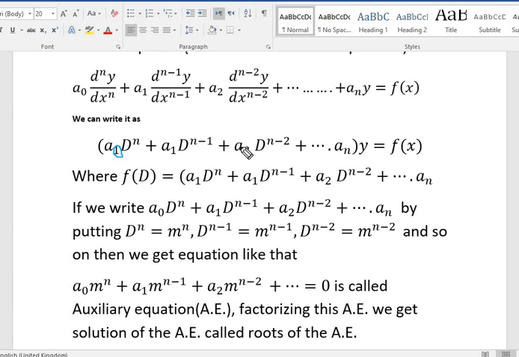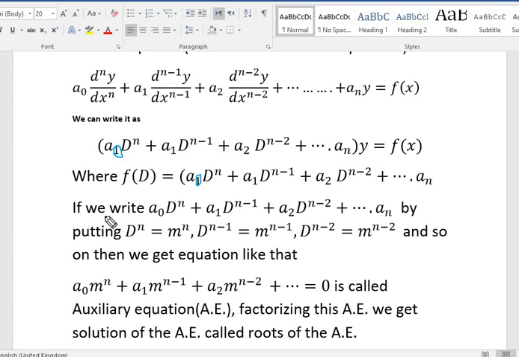We can write it also as f of D times y, where f of D is a naught D power n plus a1 D power n minus 1 plus a2 D power n minus 2 and so on plus an, without y and without f of x. That means a function of D.